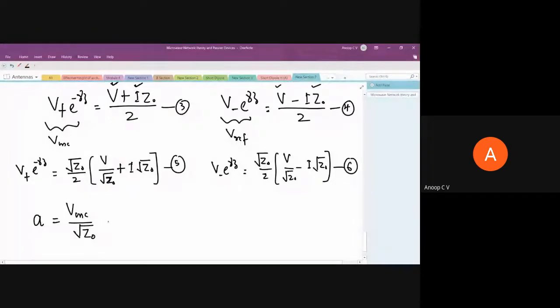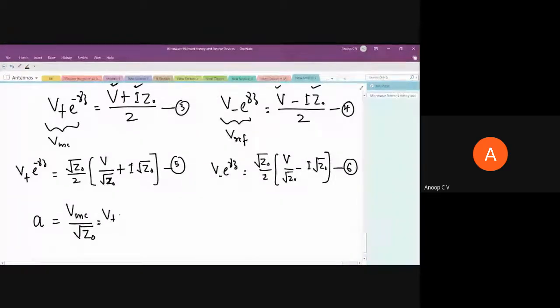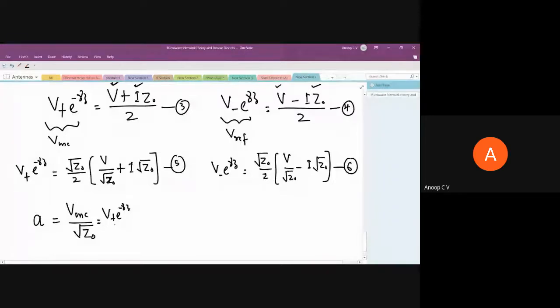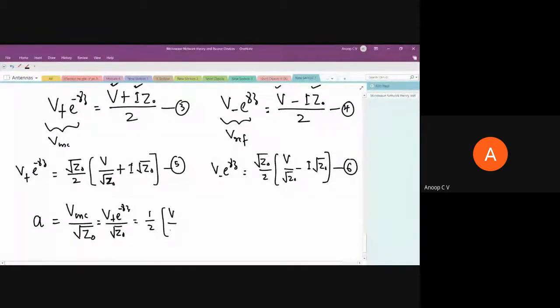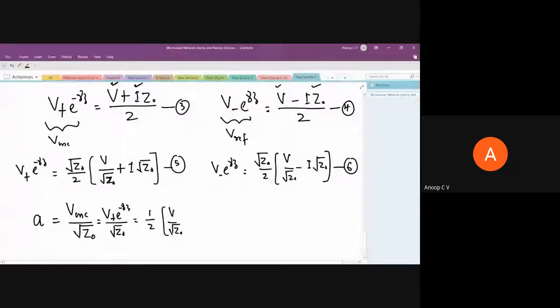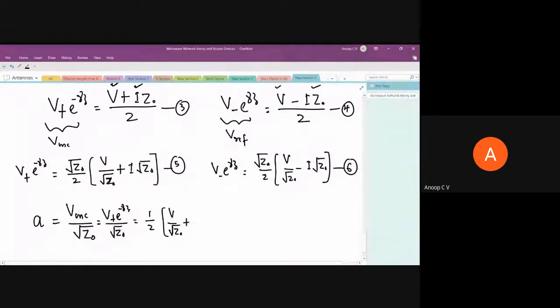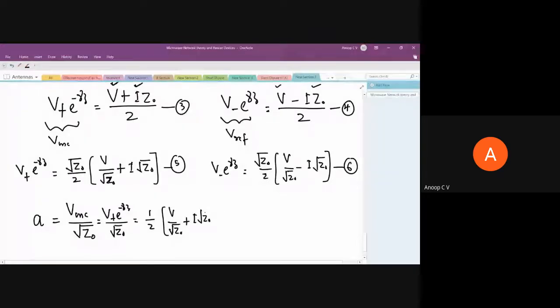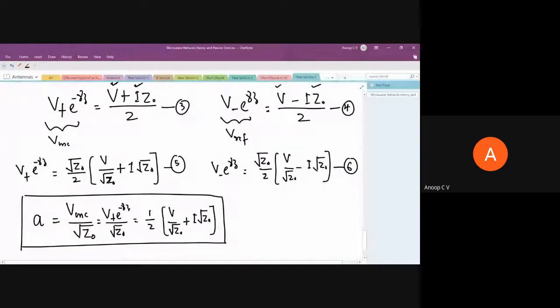That is V plus e power minus gamma Z divided by root Z naught, and that will be equal to 1 by 2 times V by root Z naught plus I times root Z naught. So this is parameter A, or variable A, right?